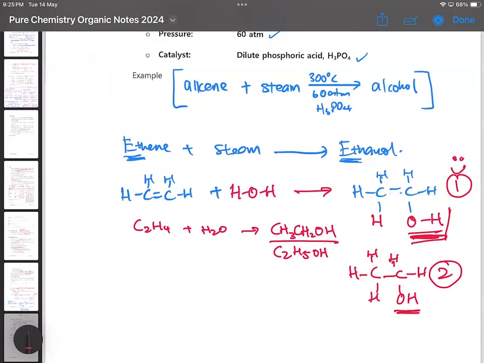I feel this is a lot safer. This is a bit dangerous because you didn't show the OH bond. So I think you should do number one. Over the years, you also always draw number one. So do number one, don't have to condense it. Yeah, I think that is playing safe.